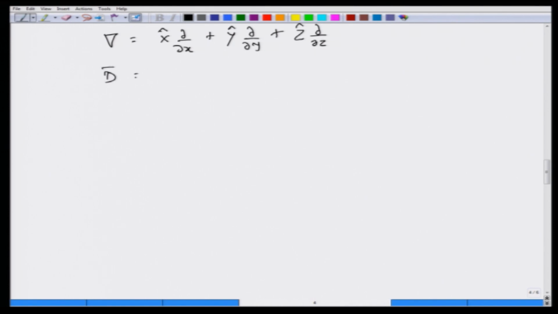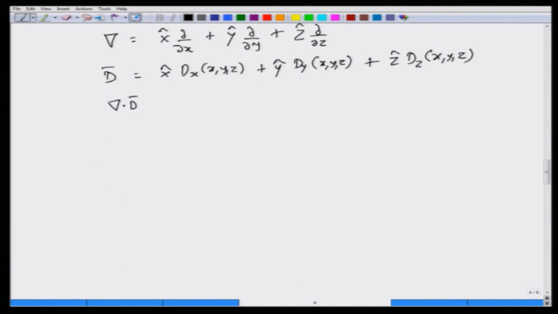Now D is another vector given by the components Dx, which can be a function of x, y and z, the Dy component can also be a function of x, y and z, as well as the Dz component. So, if you now take the dot product of these two, you can see that since x hat dot x hat is equal to 1 and x hat dot y hat and x hat dot z hat are equal to 0, this expression simply reduces to the expression that we have written earlier.